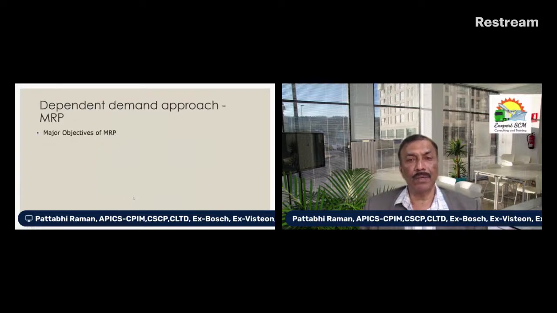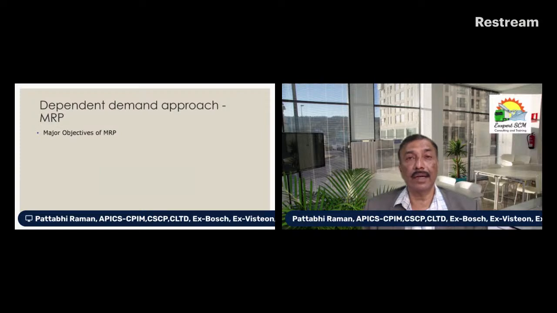There is also one classification required: the dependent demand approach. In MRP we normally plan for dependent items, in the sense that these are calculated based on the requirement for a final item.